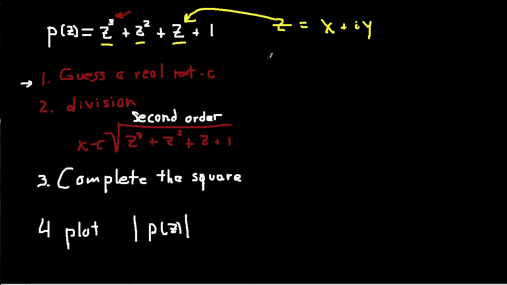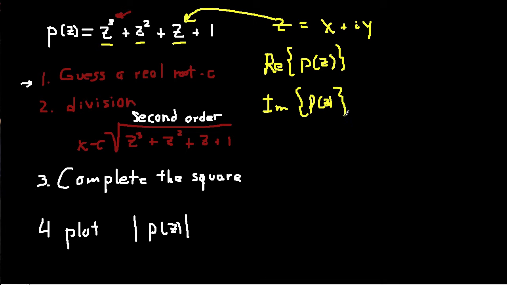And doing that, you'll get the real part of p of z, and you'll get an imaginary part of p of z. And just to shorten, I'll write that as RP for real part and IP for imaginary part.